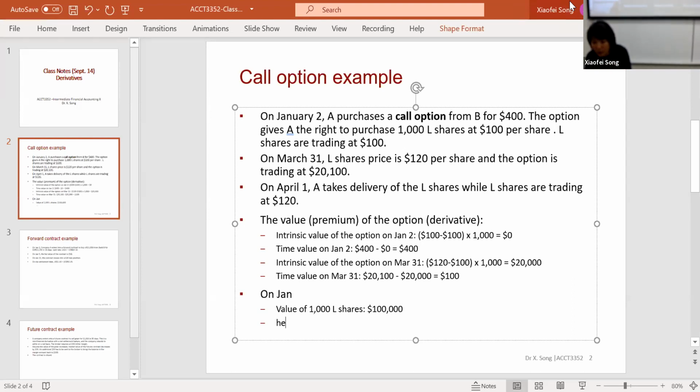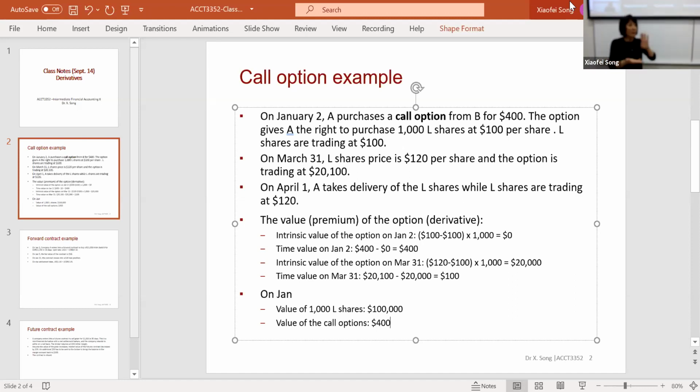The value of the call option that gives the holder the option to purchase, to spend $100,000, is $400.